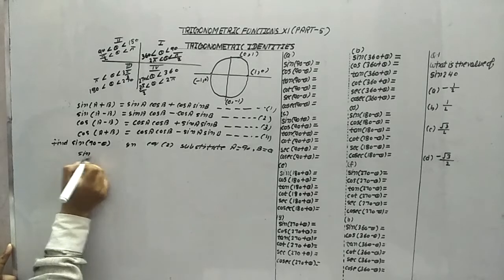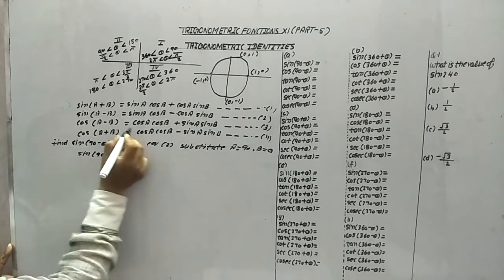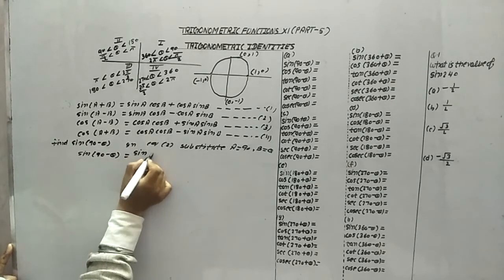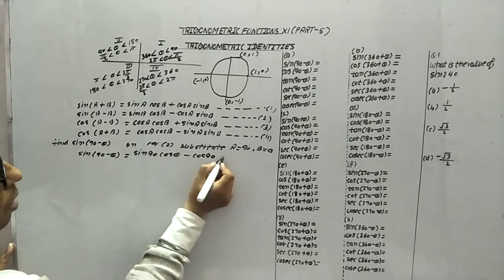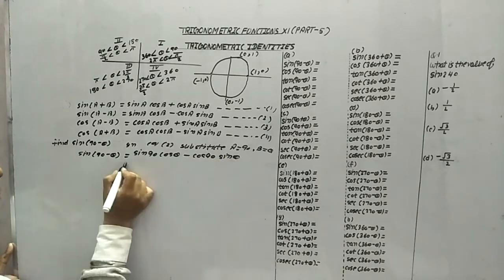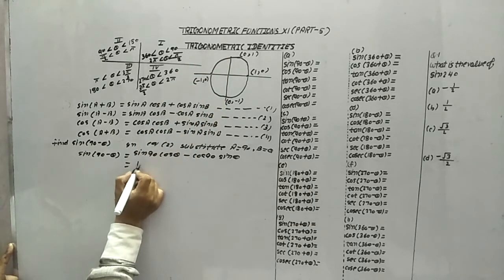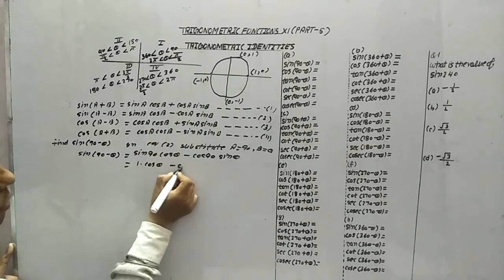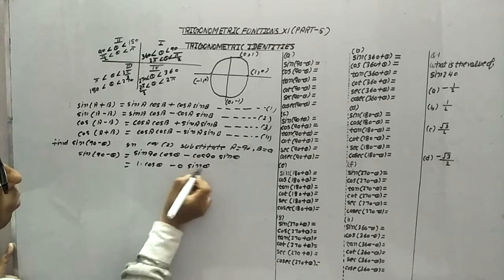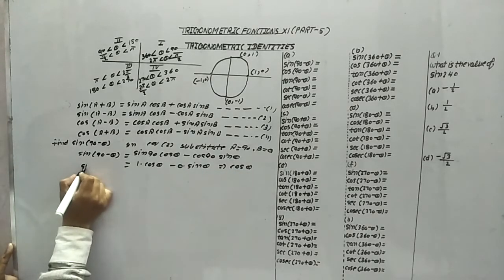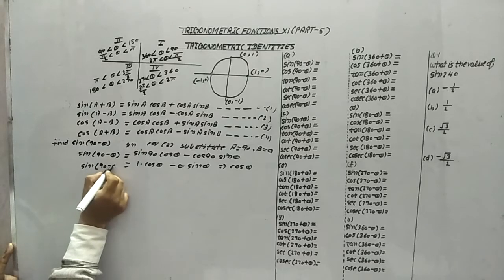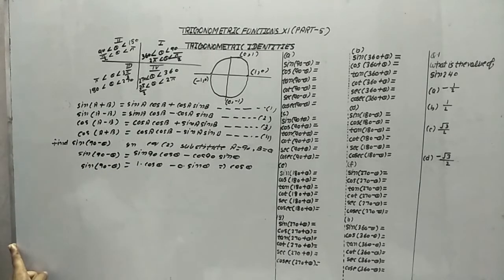Sine 90 minus theta in equation 2 becomes sine 90 cos theta minus cos 90 sin theta. Now according to the unit circle, sine 90 is 1, so 1 into cos theta, and cos 90 is 0, so 0 into sin theta. So the resultant is equal to cos theta. So this is the way to find out anything.